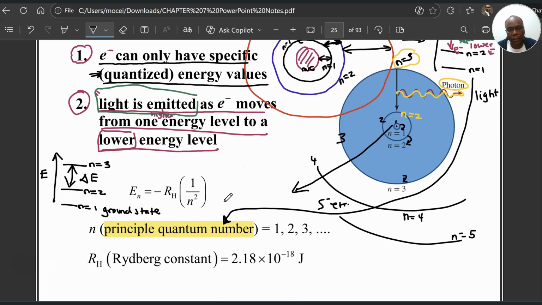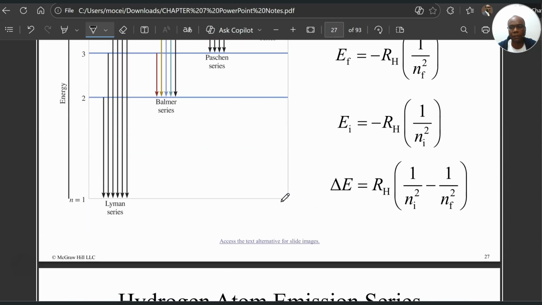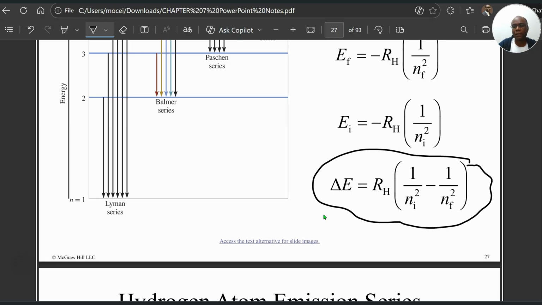However, if you want to find the energy of a specific energy level, this equation can be used. But if you're doing the difference, then you will subtract two of those, and the formula you're going to get is this one right here. This is going to give you the change in energy between energy levels.